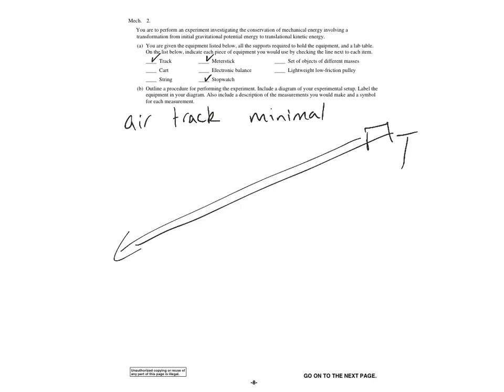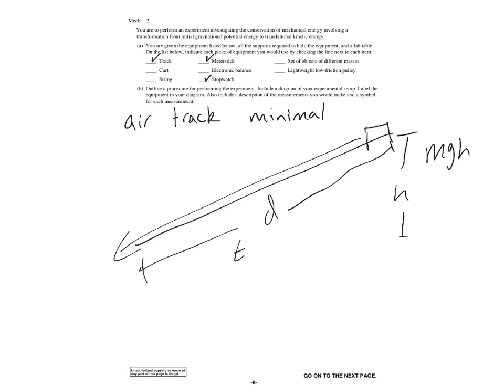You would measure the height to get mgh. Might need an electronic balance to do that. Oh, sorry, you won't need the mass. Then at the bottom, you could measure the distance and the time, and figure out the velocity.